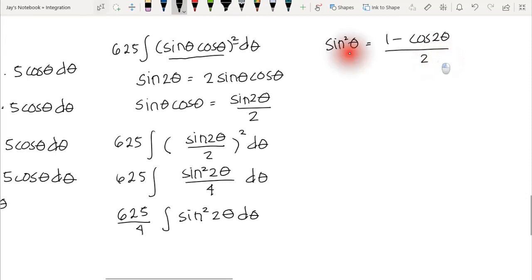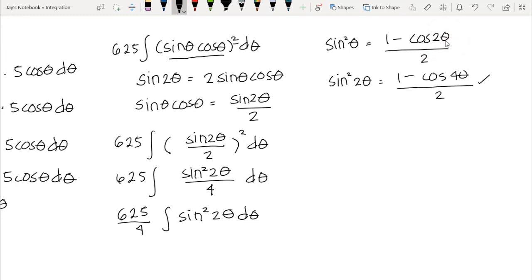Now, since we have 2 theta here, twice the angle, our angle in cosine would become twice as well. So 2 theta would become 4 theta, over 2. So we use this trigonometric identity in this form.